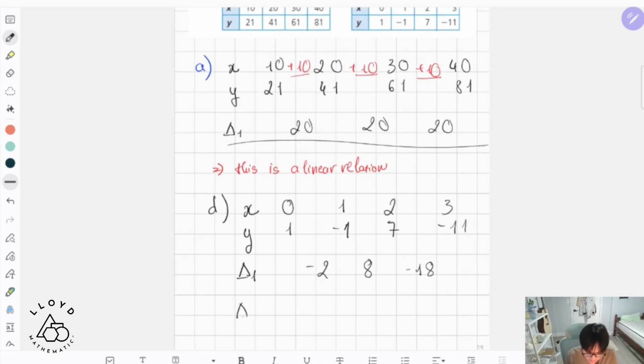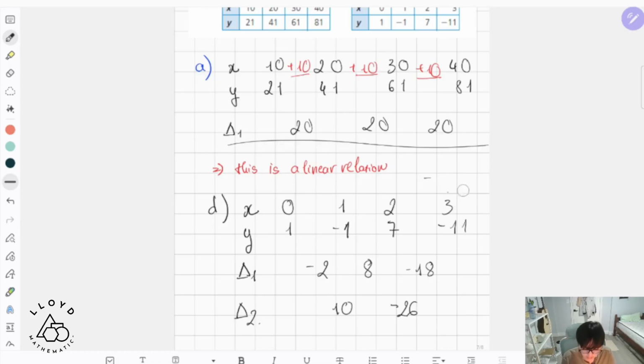So in here, we need to calculate the second differences. I already got 8 here. So 8 minus negative 2 is equal to 10. And negative 18 minus 8 is negative 26.